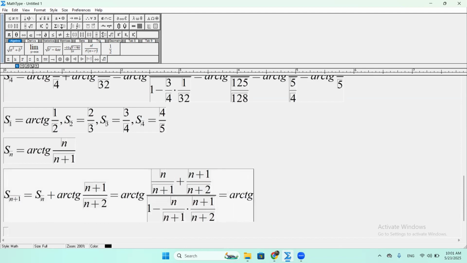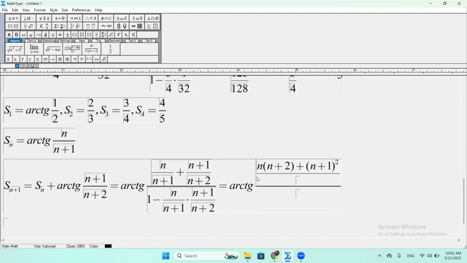So continuing calculating, so n by n plus 2 plus n plus 1 squared.